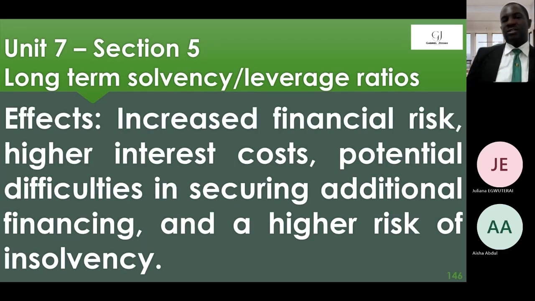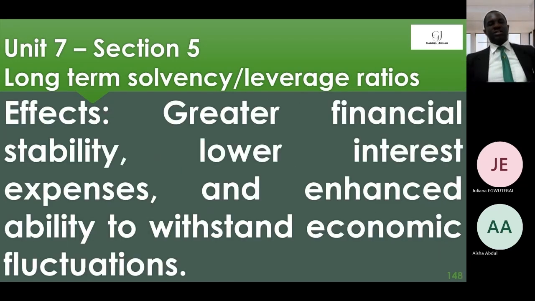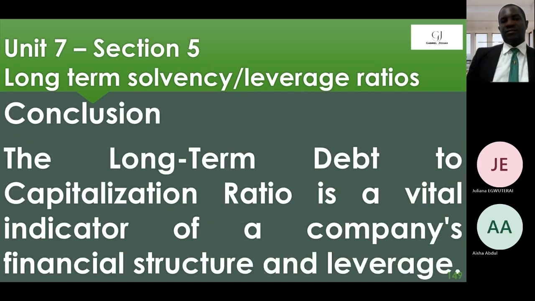The effects: increased financial risk, higher interest cost, potential difficulties in securing additional financing, and higher risk of insolvency. The lower one is conservative debt management, which is advisable: strong equity financing, retained earnings, increased shareholders' equity. The effects of a lower one are greater financial stability, lower interest expense, and enhanced ability to withstand economic fluctuations.